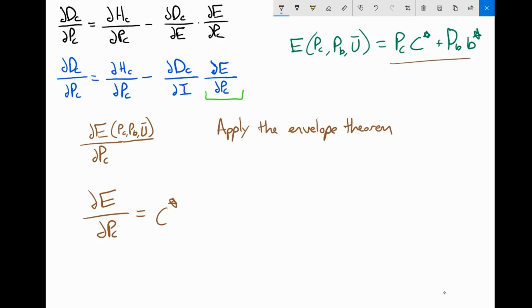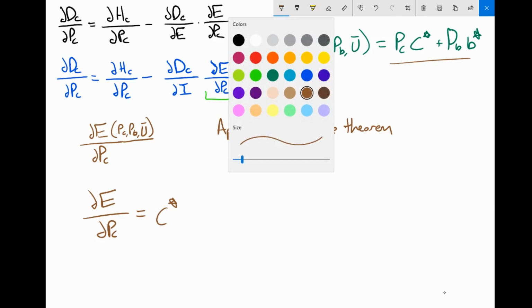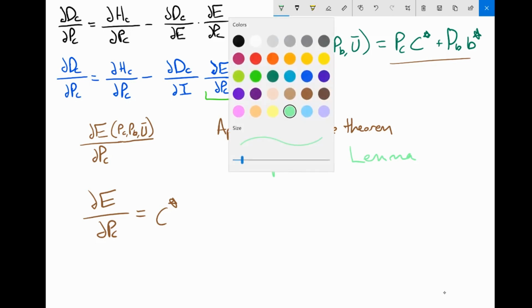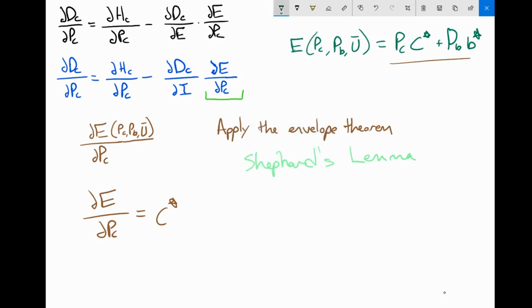So now I can take this, apply the envelope theorem. The envelope theorem in this particular context is called Shephard's lemma, if you care to be interested. Okay, and so what we can do now is I'm going to rewrite this equation here, having simplified everything.